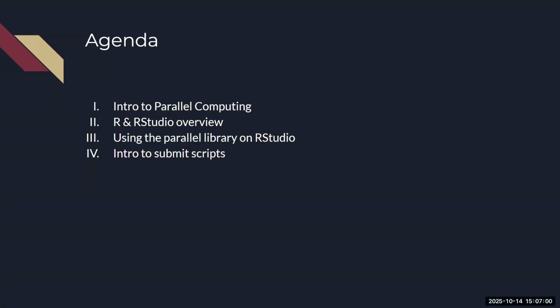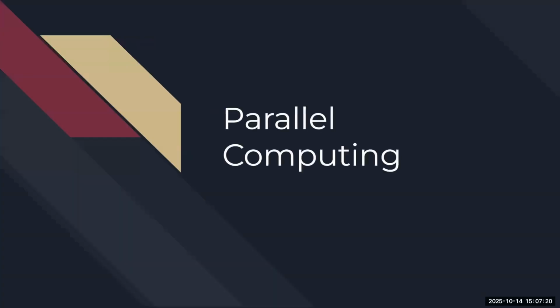It's a group of code that we can reuse, with particular functions that make parallel computing easier. And lastly, if we do have time, which I think we will, we'll do a little intro to sending a script for a large parallel computing job. Okay, large with the air quotes. Okay, so let's get started.